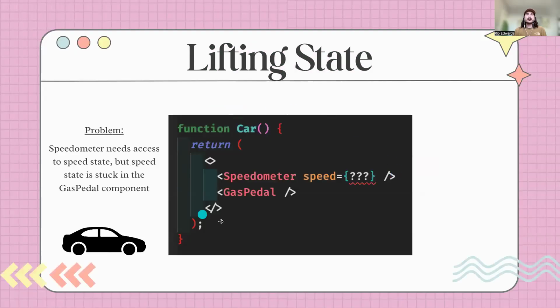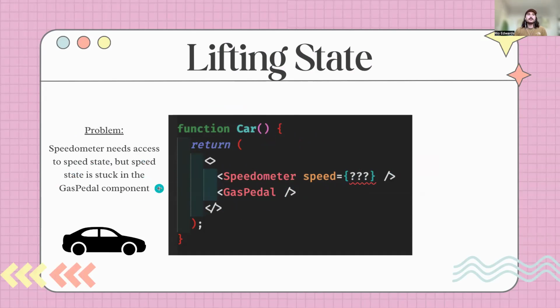Okay, so here's our problem. We have this car. The speedometer needs speed passed in as a prop, but the gas pedal has the speed. How do we get the speed out from the gas pedal and into the speedometer? Because the gas pedal doesn't have the speedometer inside of it. The gas pedal doesn't even know about the speedometer.